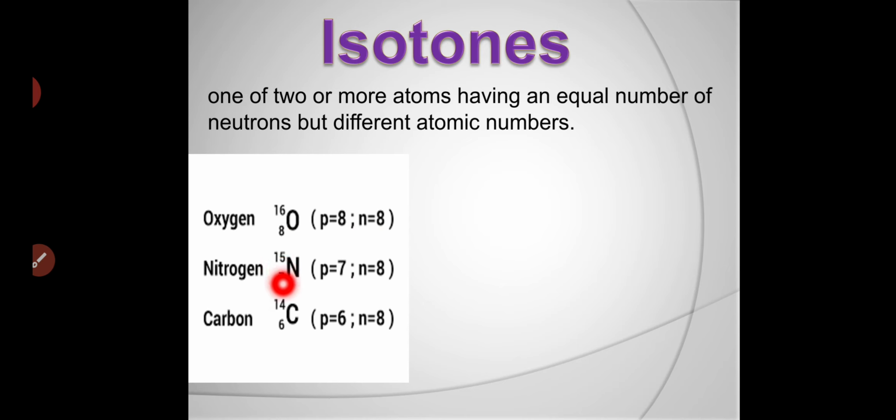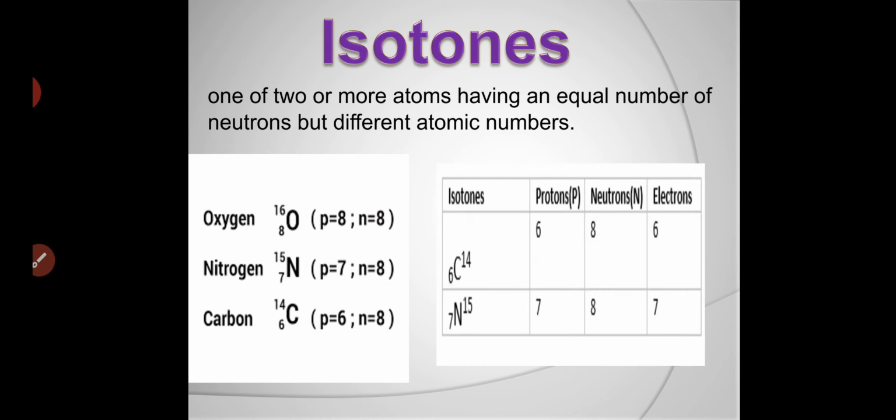They differ in mass also: carbon contains 14, nitrogen 15, oxygen 16, but their neutron number is the same. If you compare carbon with nitrogen, the proton number is different but the neutron number is the same, and the electron number also differs. So they are called isotones.